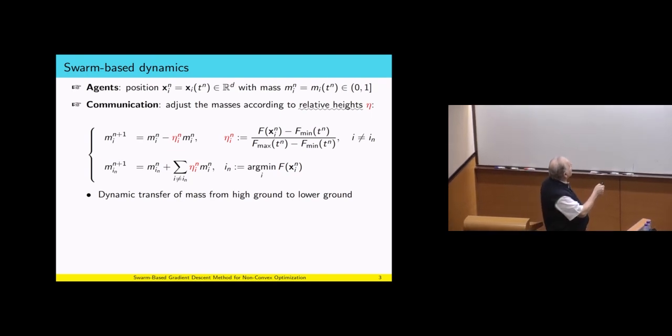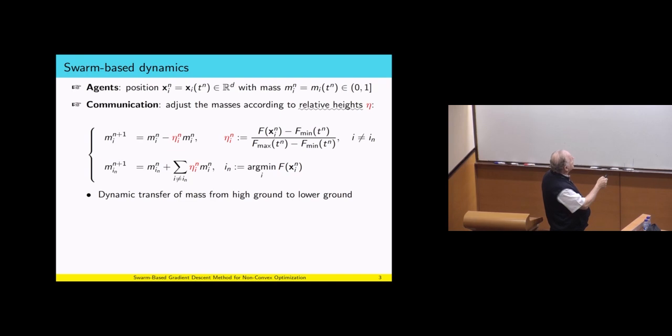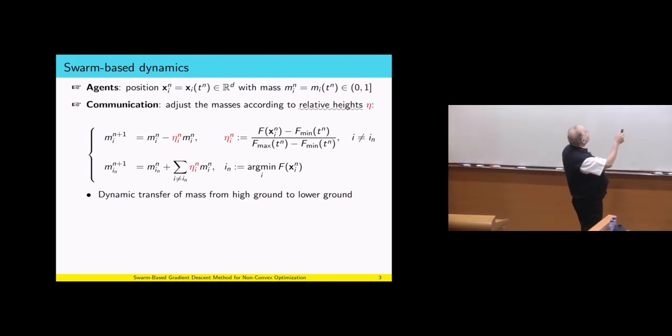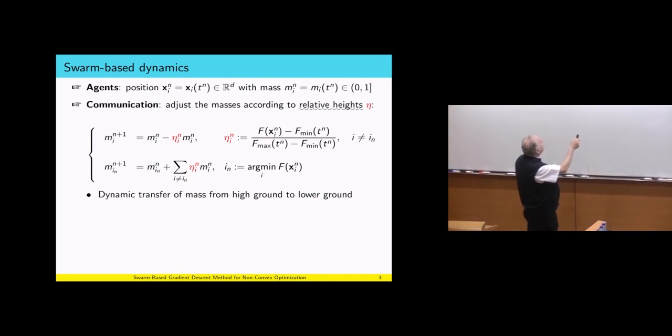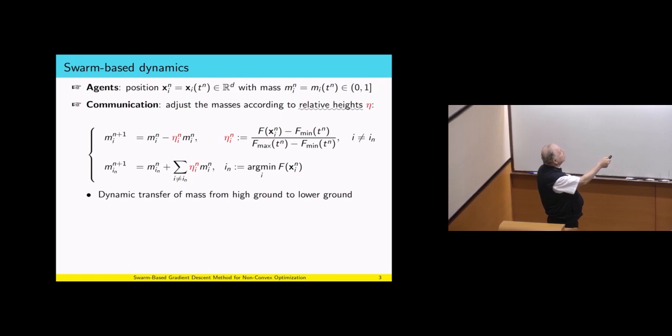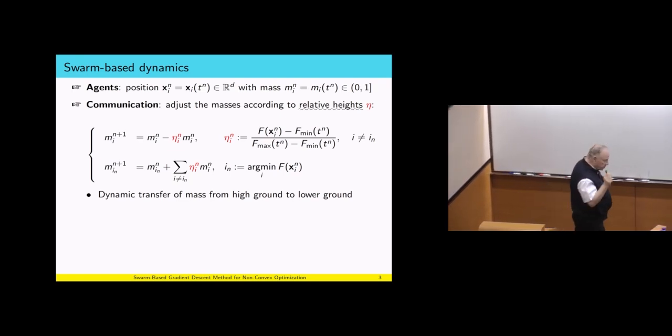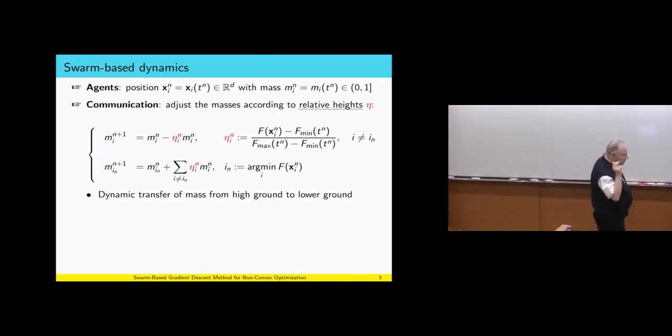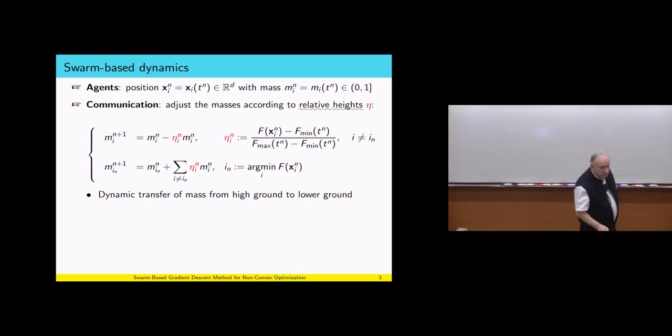If I'm agent i, I take a fraction of my mass. This is this number eta, which will be here in red. I now have less mass. And this fraction and all the other fractions are added to the agent that is staying at the position i_n, which is the position of the agent that stays at the lowest point.